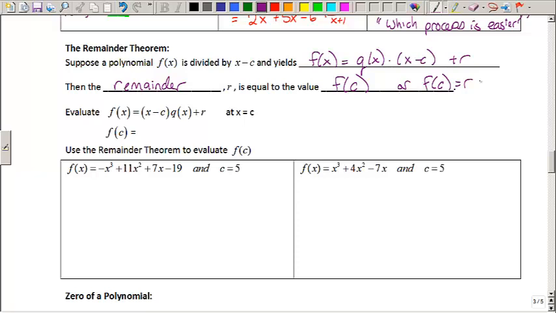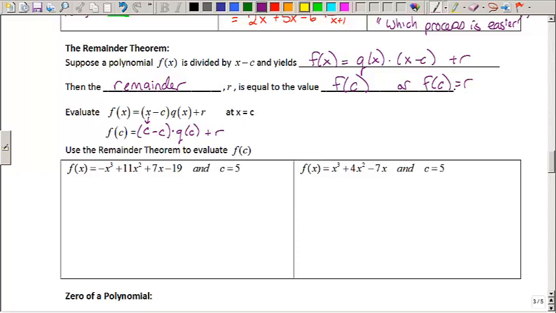So I can show you why this works here, and this is kind of like a mini proof. If I have f of x equals x minus c times the quotient plus the remainder, it's the same thing I wrote up here, just the terms are switched around. And I want to evaluate it at c. Well, if I plug in c for every x that I see, I'm going to plug in c minus c times the quotient at c plus r.